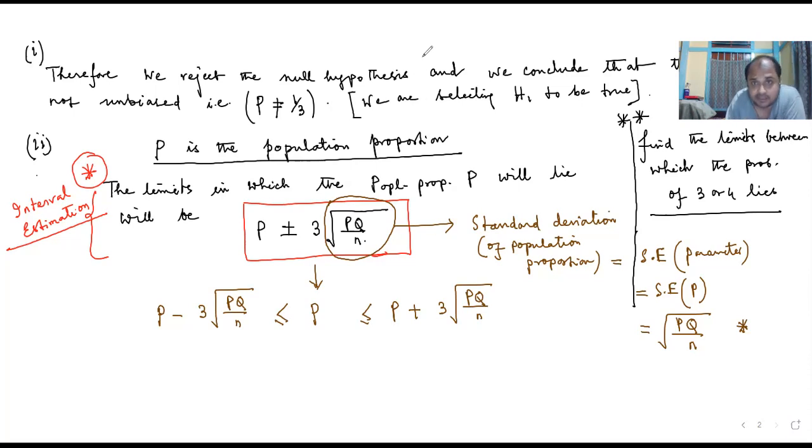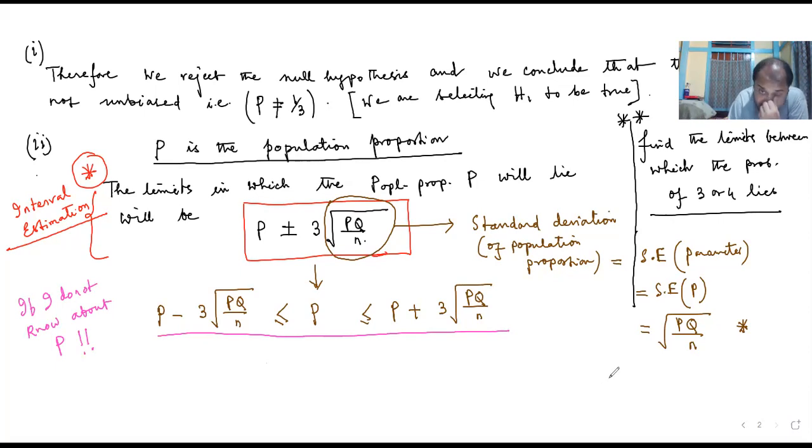But here comes the fact which I was discussing in the previous session. If I do not know about capital P, how can I calculate this probability? Because the value of capital P is required, the value of capital Q is required.